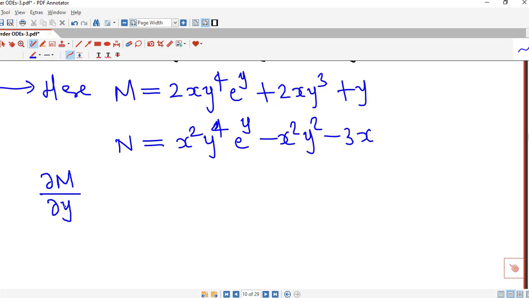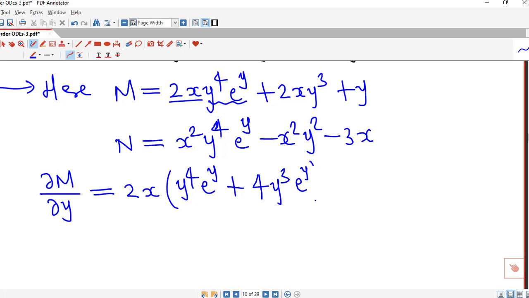Partial derivative of M with respect to y. Here 2x is constant, but we have to apply the product rule because we have two functions of y in the product. So y raised to 4 as it is, derivative of e raised to y is e raised to y. E raised to y as it is, derivative of y raised to 4 is 4y cube. Plus 2x constant, derivative of y cube is 3y square, and plus derivative of y is 1.